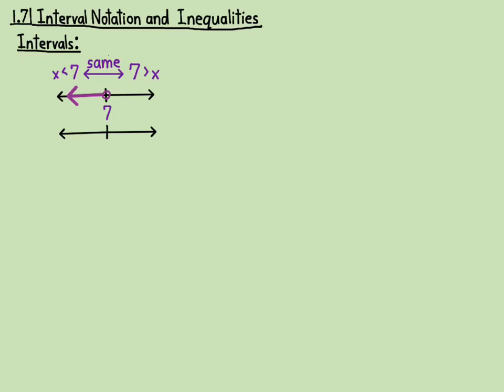There's no rule that says x is on the left of 7, therefore the solutions x are to the left of 7. That's wrong. Here x is to the right of 7, but it has the same graph, where the points x are to the left of 7 on the number line, because the smaller number always goes to the left.